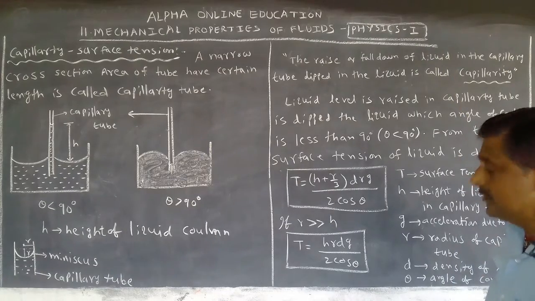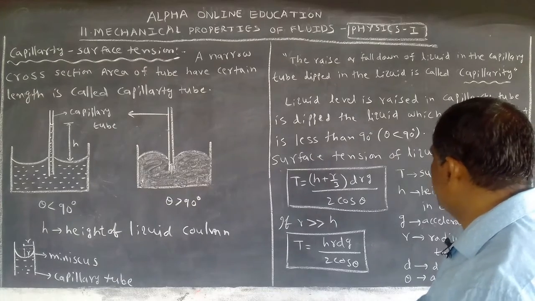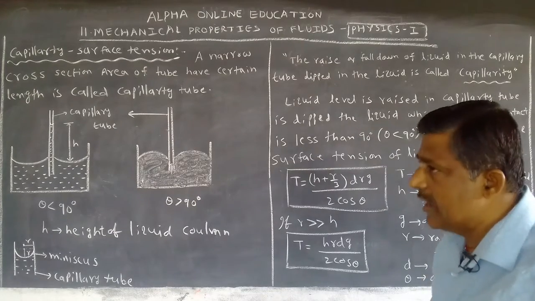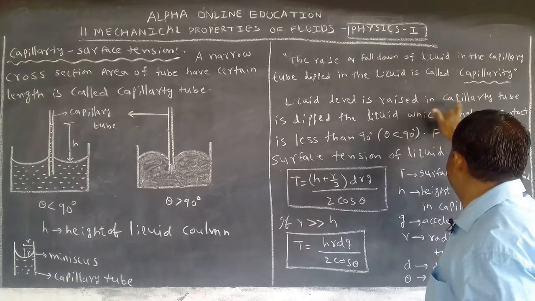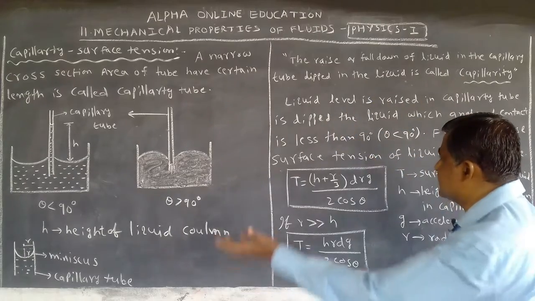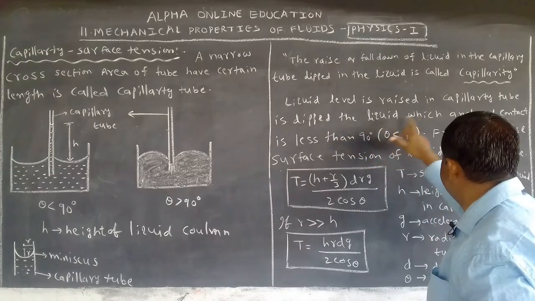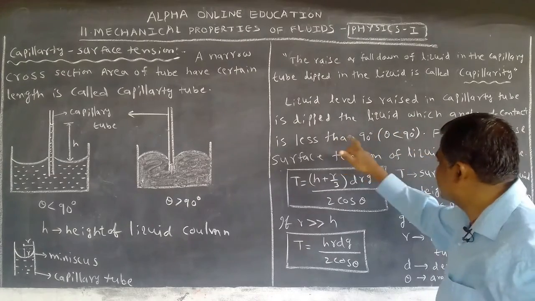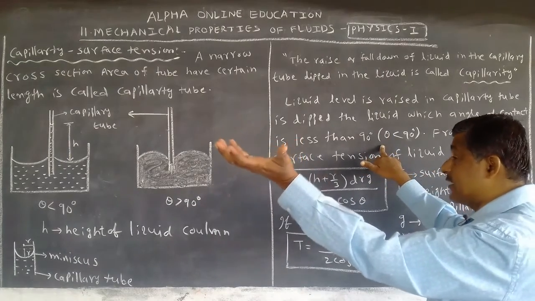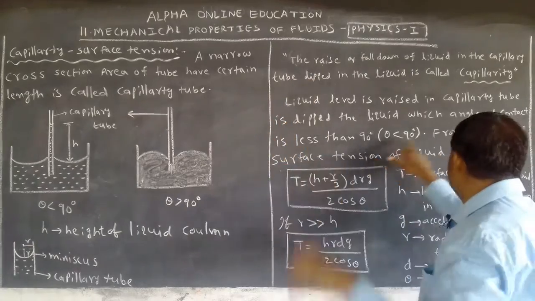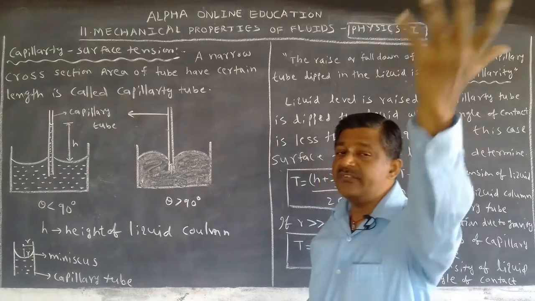The liquid level is raised in the capillary tube when the angle of contact is less than 90. Why? Because adhesive forces are greater. From this case, we find the surface tension of the liquid.